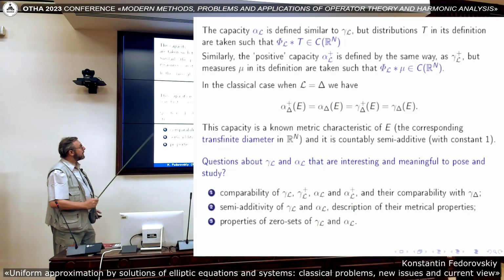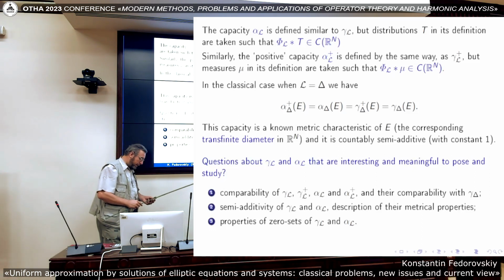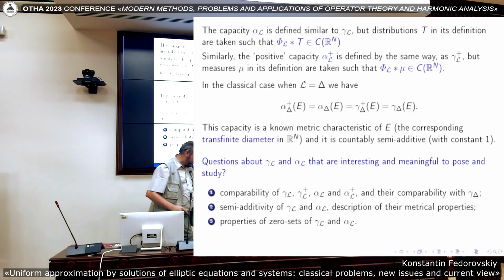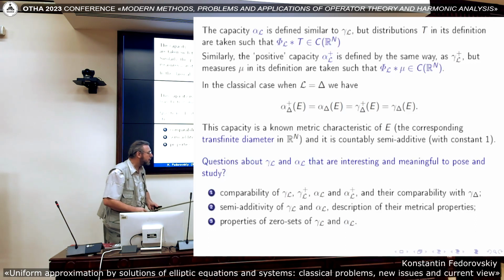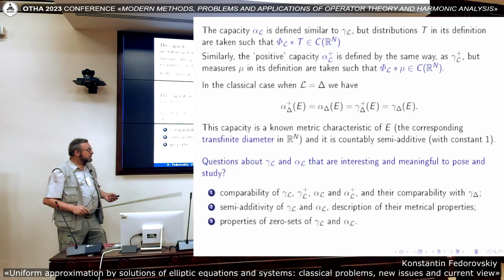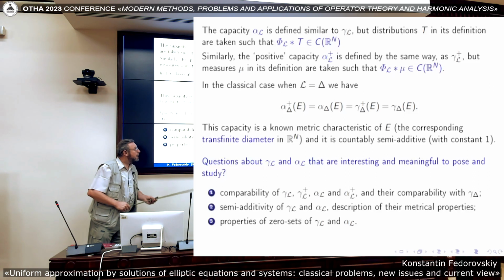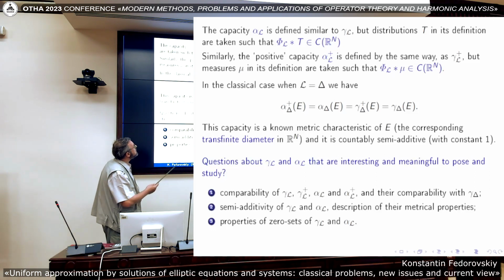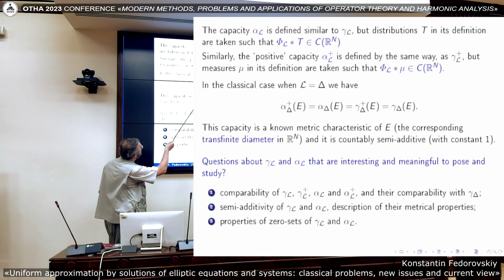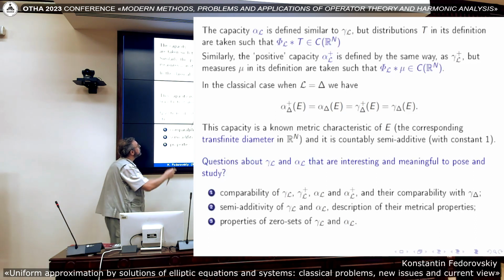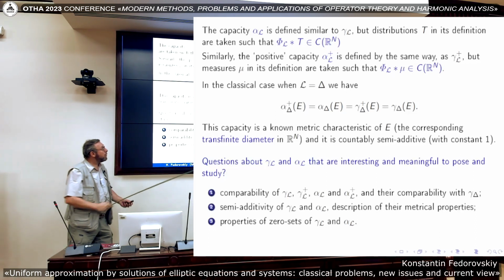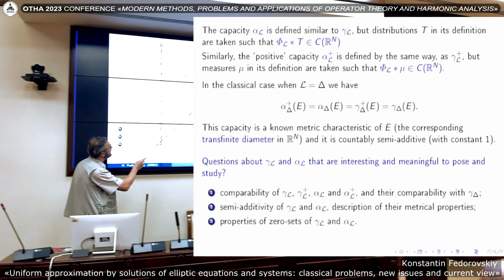Well, from the first point of view, it looks like some very specific characteristics of sets, but what is possible to say immediately? If our operator is the Laplace one, then all these capacities are the same.